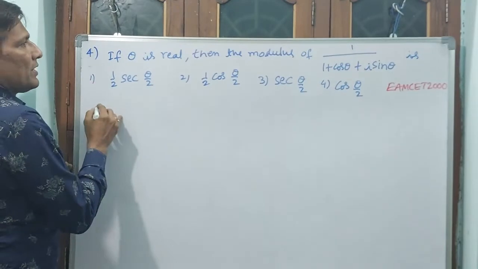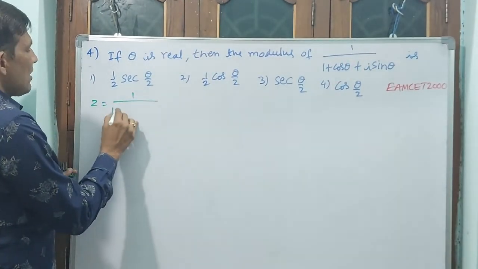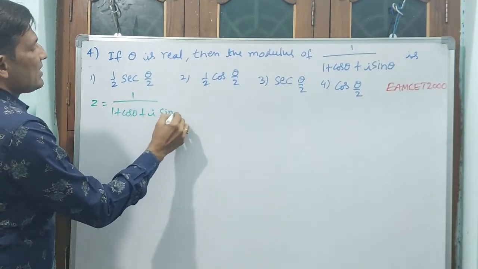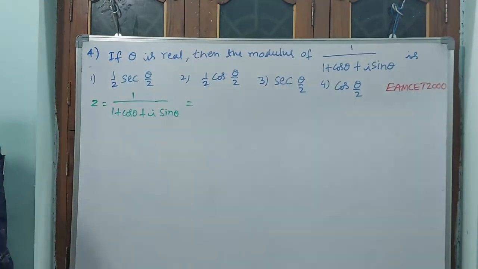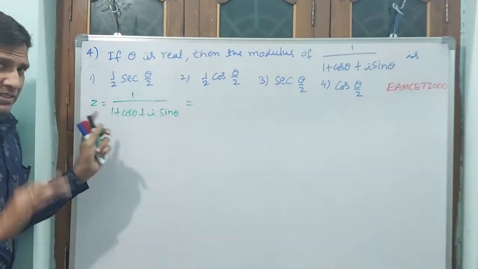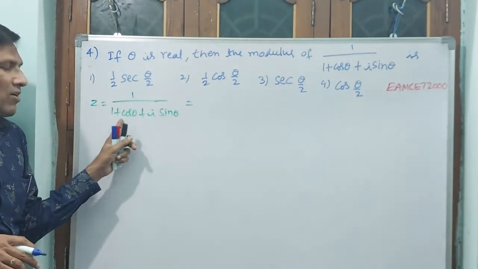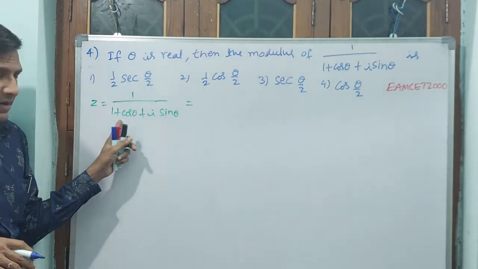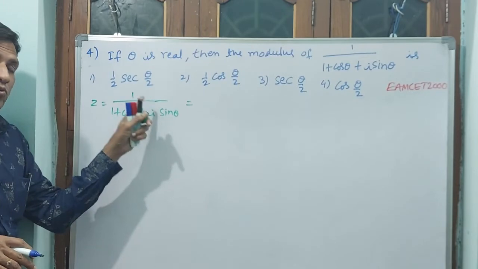You see, z is equal to 1 divided by 1 plus cos theta, which is the real part, plus I sin theta, which is the imaginary part. Rationalization you don't do directly. First you do one thing. 1 plus cos theta you can write as 2 cos square theta by 2, and sin theta as 2 sin theta by 2 cos theta by 2.